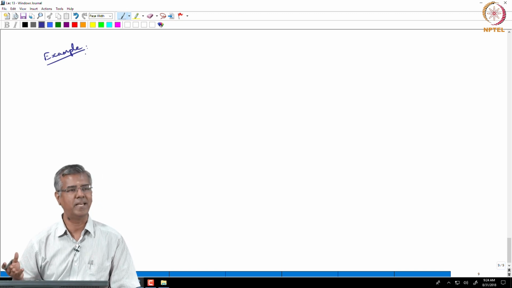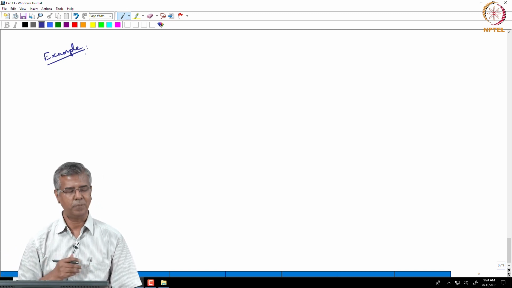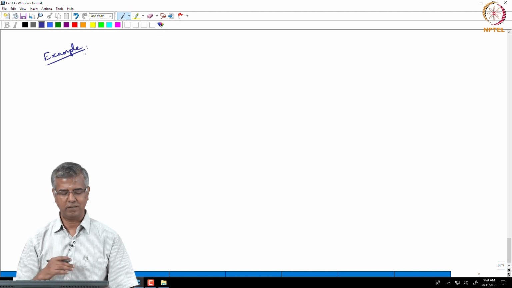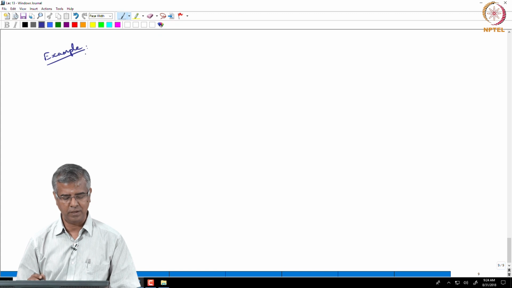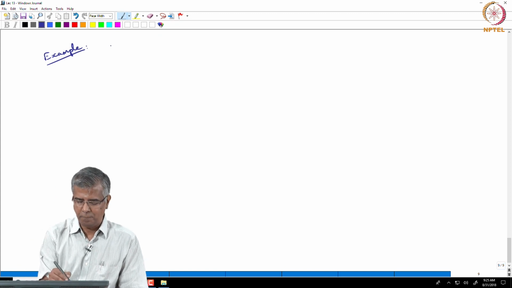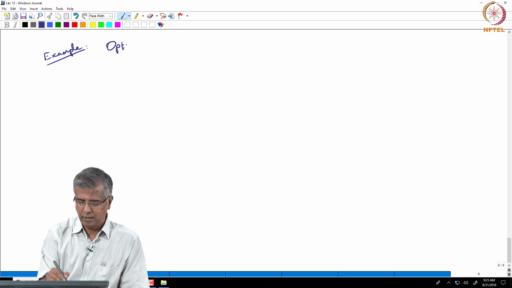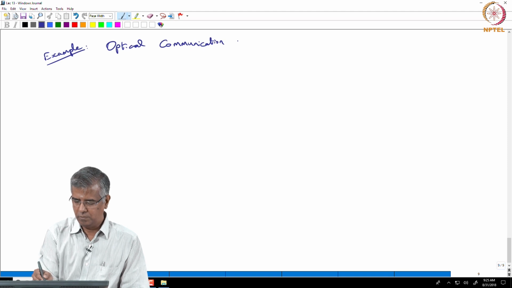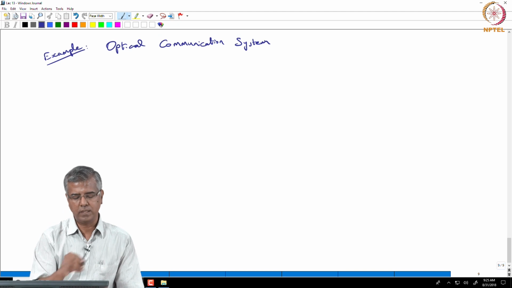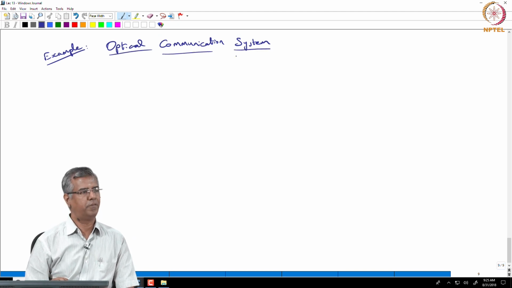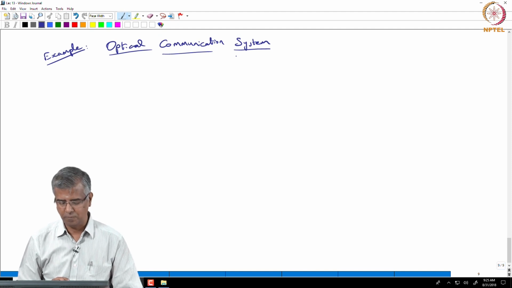So, you may need a laser for multiple applications, but we'll defer that discussion, and just see where we need an optical amplifier. And it turns out that an optical communication system is one such example where we need an optical amplifier.